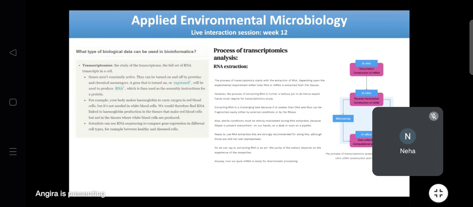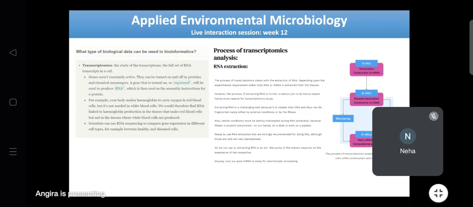So we need double autoclaved laboratory supplies in order to extract the RNA, and we also need to maintain sterile conditions during this RNA extraction, because RNases are present everywhere: on our hands, on the desk, and even on a pipette.